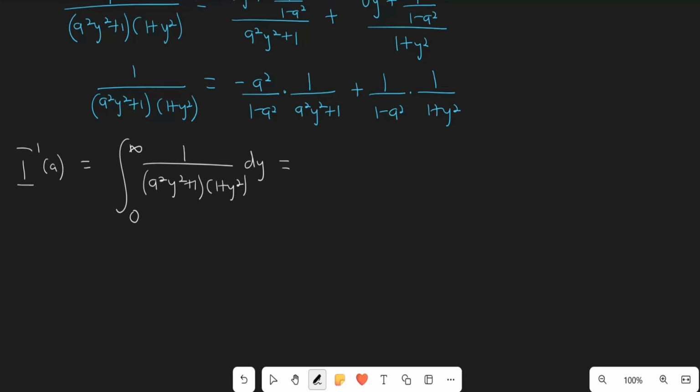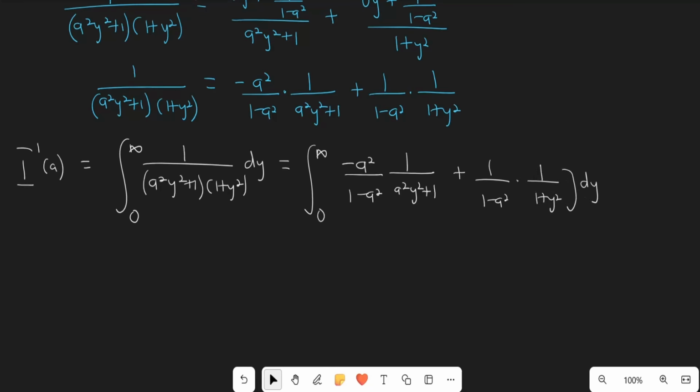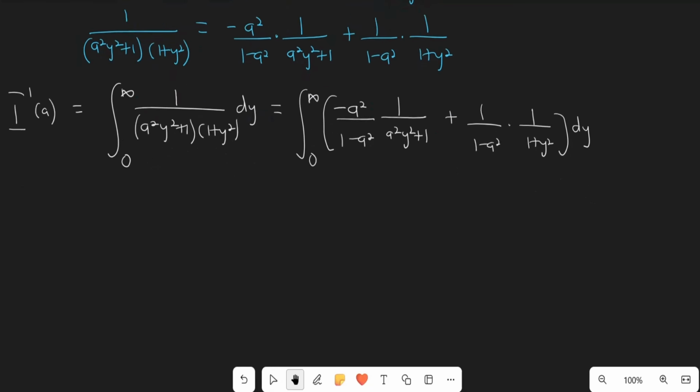This is the same as the integral from 0 to infinity of this, because they are the same. So we have negative a squared all over 1 minus a squared times 1 all over a squared y squared plus 1, and then plus 1 all over 1 minus a squared times 1 all over 1 plus y squared. All this one dy, like this.